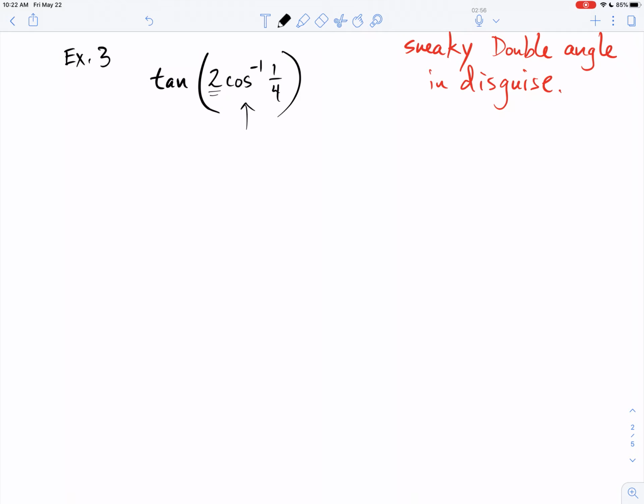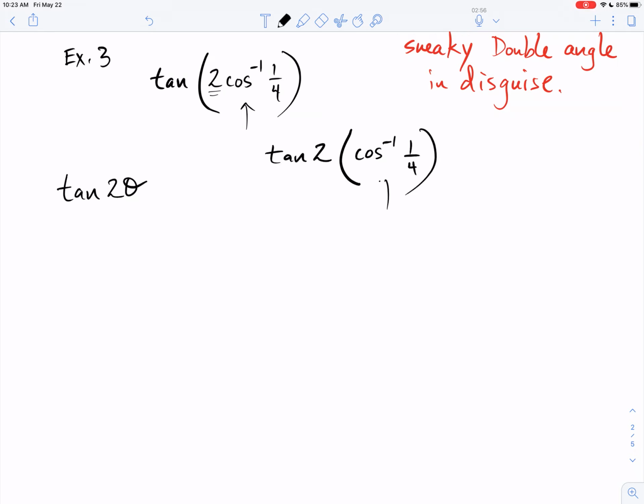But this guy is what makes it sneaky. See, there's that 2 there. So what I'm going to end up with is this. See, I'm going to rewrite this problem. So it says tangent 2 cosine inverse 1/4. That's what I'm going to do.